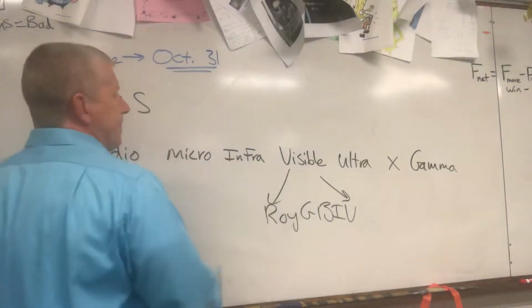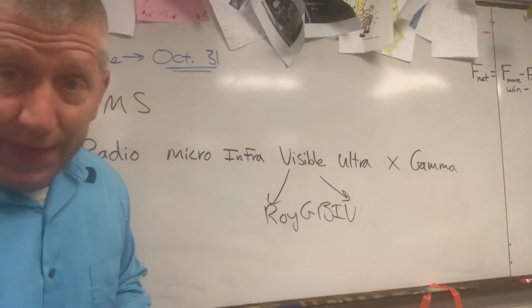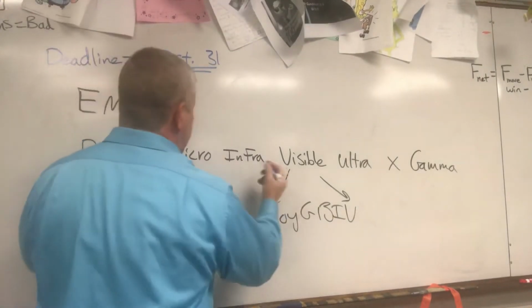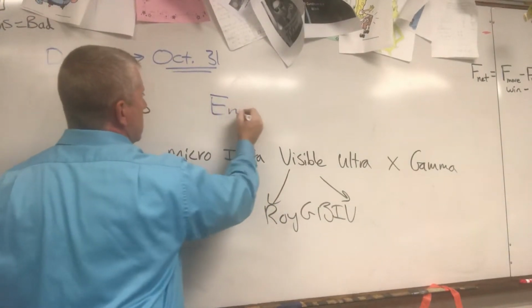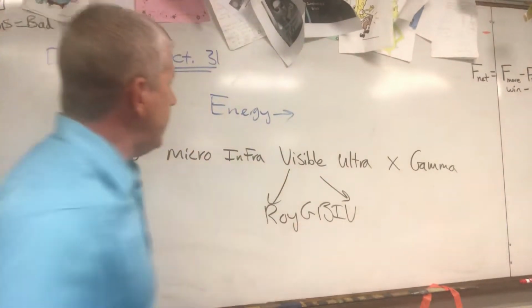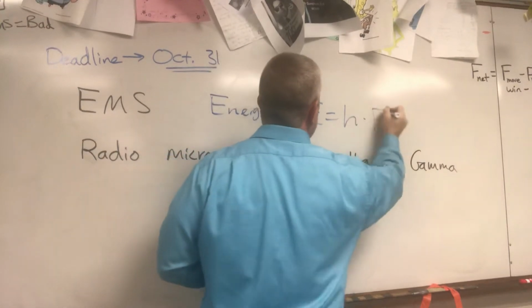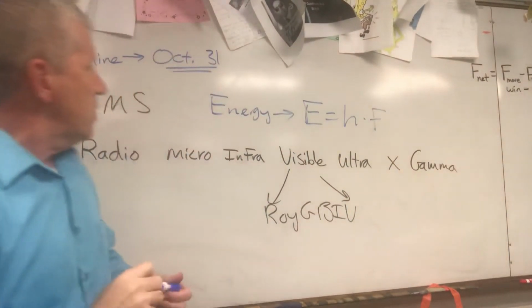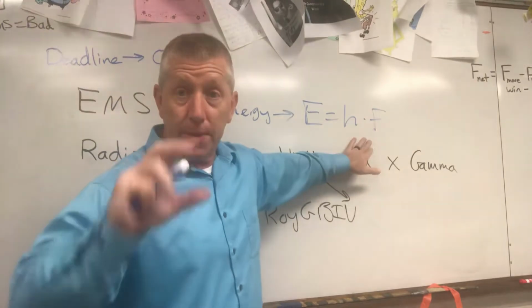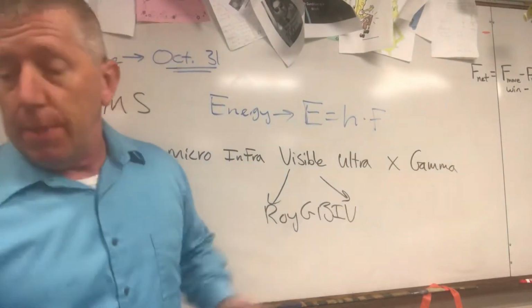Low energy, high energy. So there's an equation that goes along with this energy. The energy equation is E equals h times f. Now, this is quantum mechanics stuff, which is the last part of the course, so we're not going to go into all of what light can do because we will be doing that.